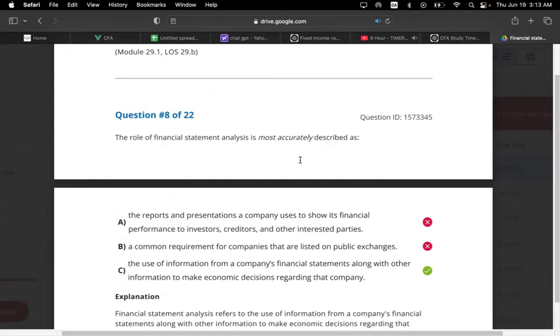The role of financial statement analysis is most accurately described as C. Use of information from a company's financial statement along with other information.